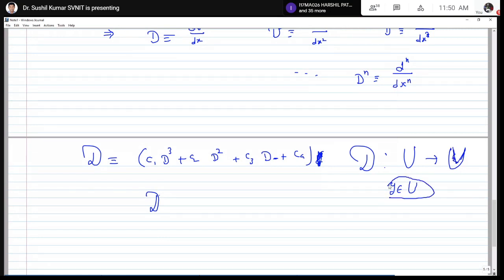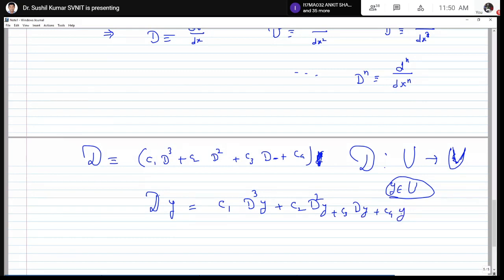Y is in u, then you can write Dy, that is equal to c1 D cube y plus c2 D square y plus c3 Dy plus c4 y. It is clear?